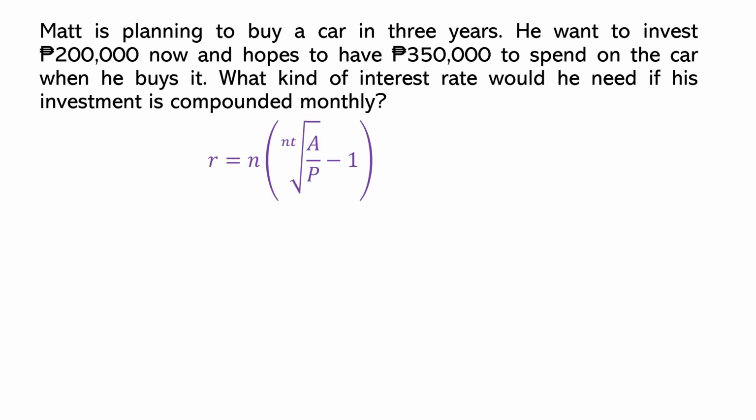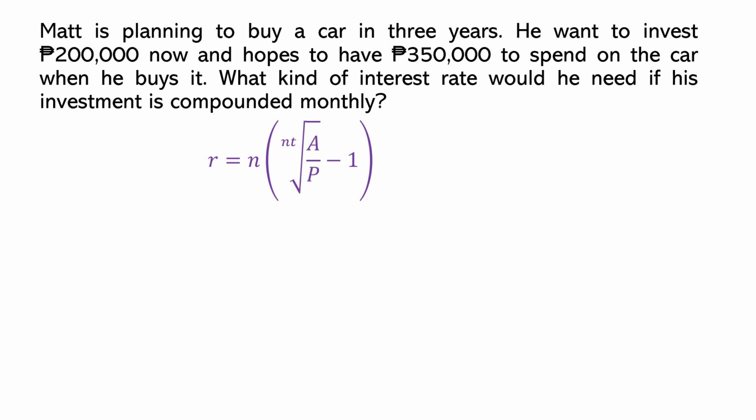So we use this formula. This is actually derived from the previous formula, but I will not show how it is derived. It's R equals N, where N is how many times it's compounded every year. It's monthly, so that means 12 times every year. So N should be 12.